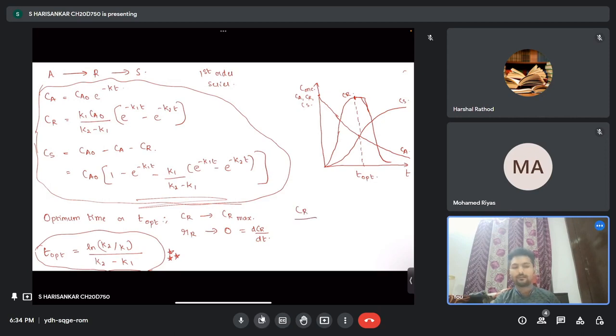At T optimum, CR max by CA0 will be equal to k1 by k2, the whole raised to k2 by k2 minus k1. You will get these two equations by substituting these values, dCR by dt equal to 0 at T equal to T optimum, right?